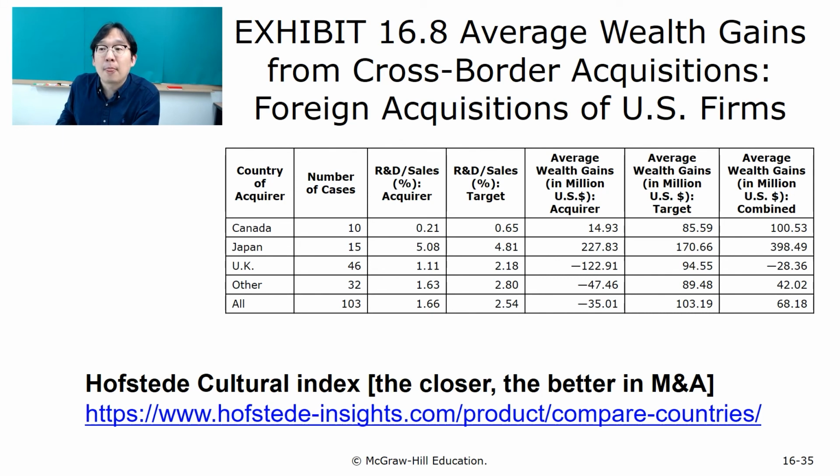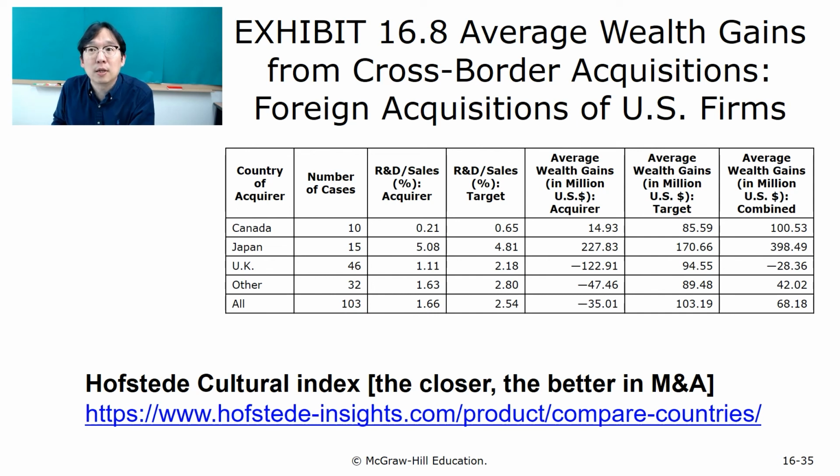And then cross-border acquisitions, foreign acquisitions of U.S. firms. In contrast, Japan, right? When they do acquisitions of U.S. companies, acquirers also make money, not only the target, okay? Perhaps that's because of a selection bias with Japanese companies, right? In the first place, they are aware that there's a huge cultural difference that they have to be careful about.